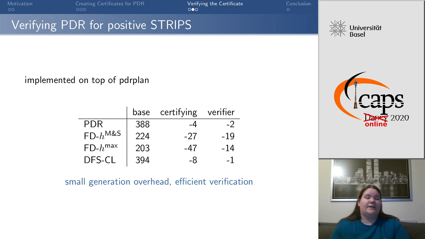That means detect unsolvability. In the second column, you see how many tasks we lost when we also wanted to create a certificate. And in the third column, you see how many of the created certificates we could not verify within reasonable time limits. And what we can see is that PDR actually does not lose many tasks in both of these steps, which means that it generates not much overhead for the planner, and verification is also very efficient.